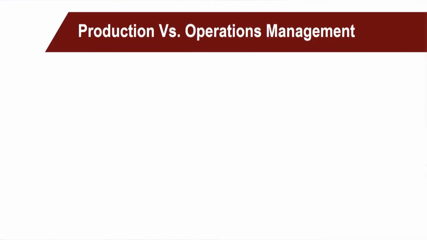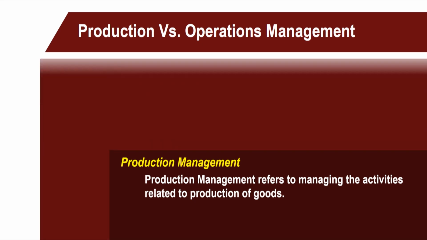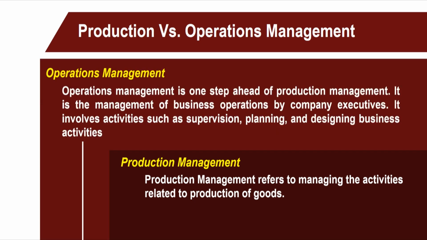Now, let us discuss the difference between production and operations management. Production management refers to managing the activities related to the production of goods. Operations management is one step ahead of production management.